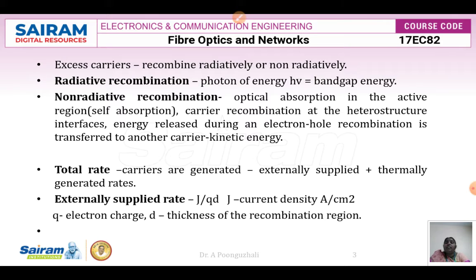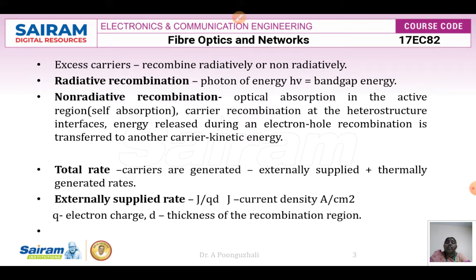But in non-radiative recombination, this can be because of the optical absorption that is going to take place in the active region, or the carrier recombination at the heterojunction structure or the heterostructure interfaces, or the energy that is going to be released on the electron hole recombination is going to be transferred to another form of energy, that is your kinetic energy, that is in the form of heat. So here these are your non-radiative recombination processes there.